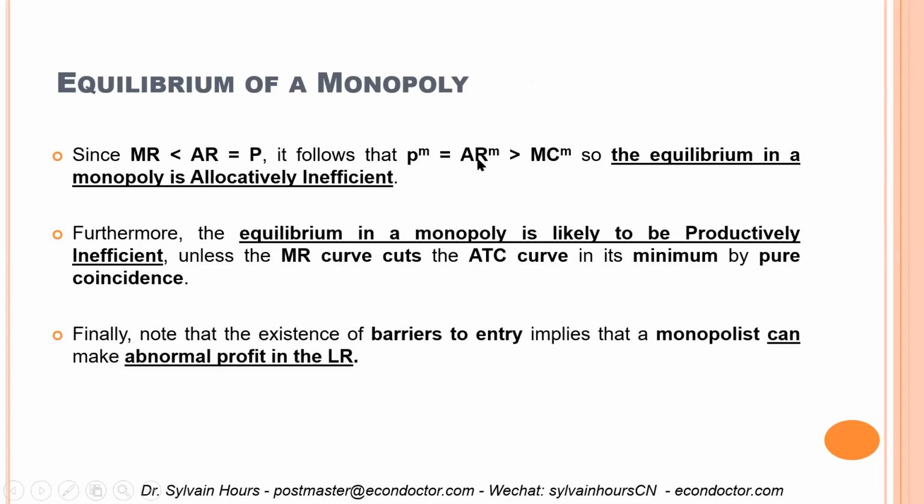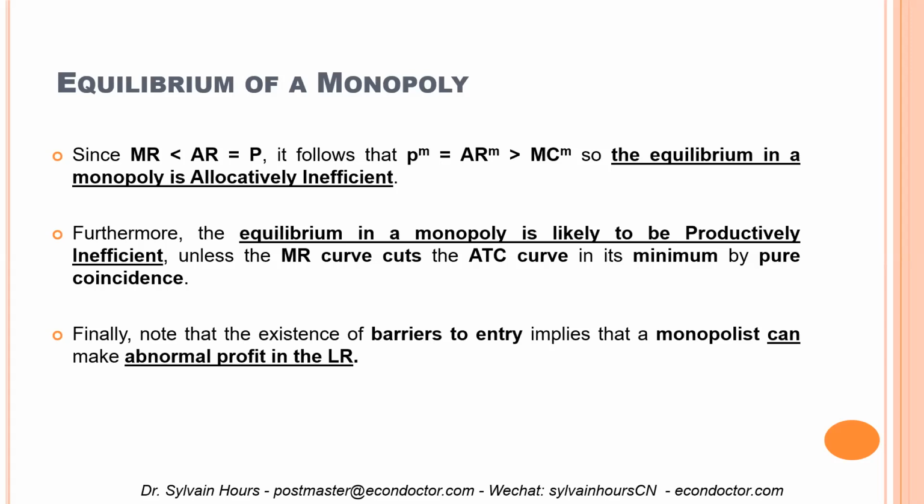Something that is interesting: remember when we studied perfect competition, in the short run, we distinguished between the short run, a time period where we had a fixed number of businesses, and the long run, a time period where firms had enough time to enter or exit the market. When we study the monopoly, we do not make any difference between the short run and the long run for one simple reason.